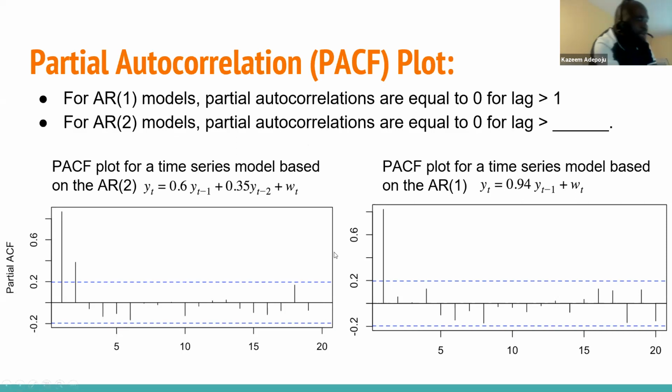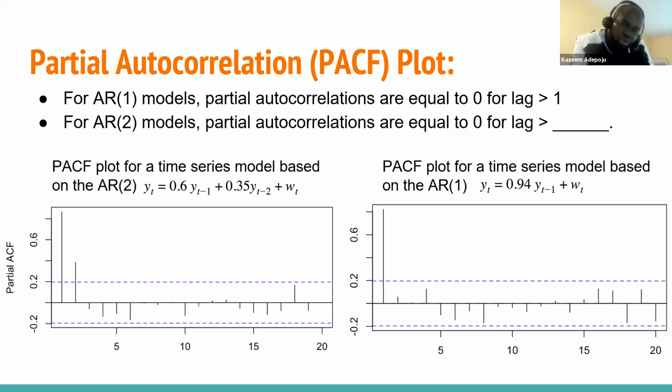Okay, now let us have two models. We have the AR of order 2 and the AR of order 1. The reason why we find ourselves in this situation is just for us to be able to use a PACF plot to distinguish the model, okay?